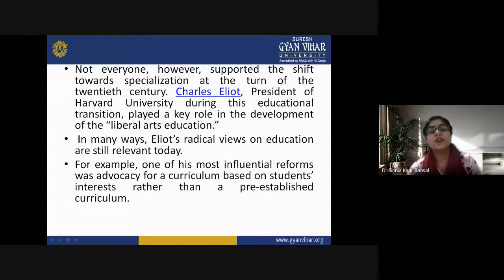For example, one of his most influential reforms was advocacy for a curriculum based on students' interests rather than a pre-established curriculum. This is the viewpoint of Charles Eliot, president of Harvard University, at the turn of the 20th century, and it is still very important and significant.